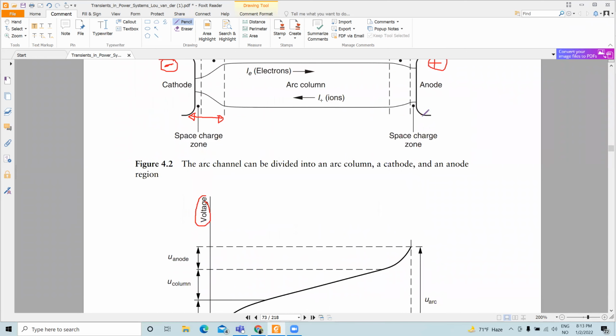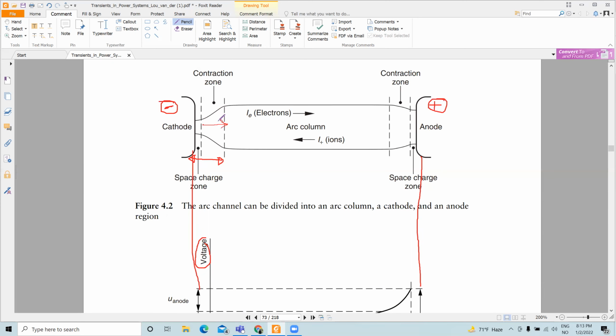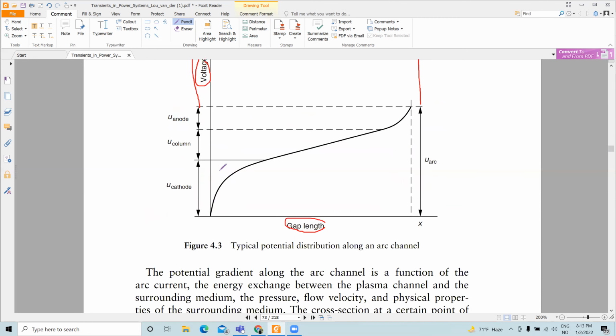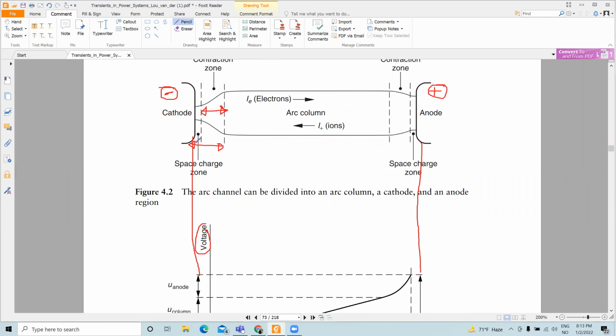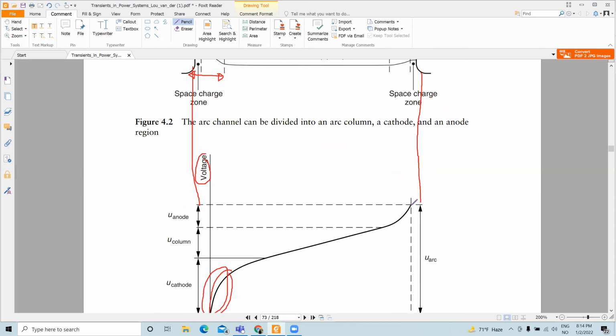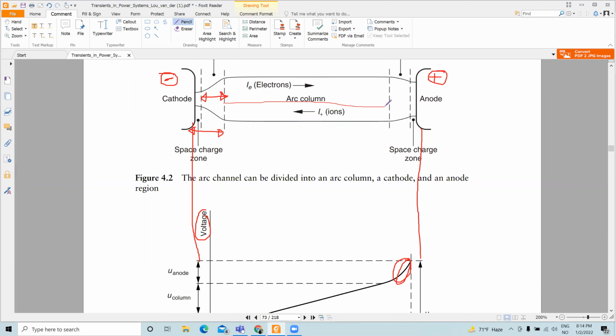Within this very short distance, you have a high voltage drop near the cathode. This part is called the cathode region, and this part is called the anode region. In the anode region, you also have a high voltage drop within a very short distance, and the rest of the part is called the arc column.